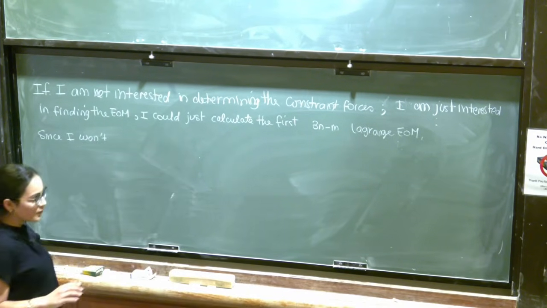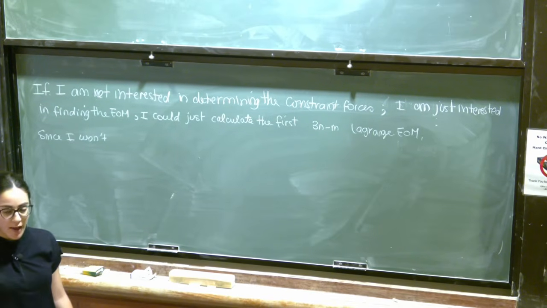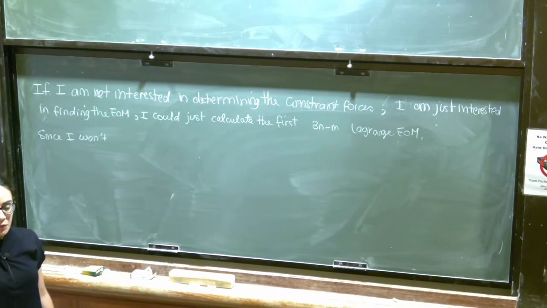Okay, so if I'm just interested in the equations of motion, I can just calculate the first 3n minus m equations. And since I won't be calculating the rest, I won't be taking derivatives with respect to the generalized coordinates and generalized velocities that are constraints.